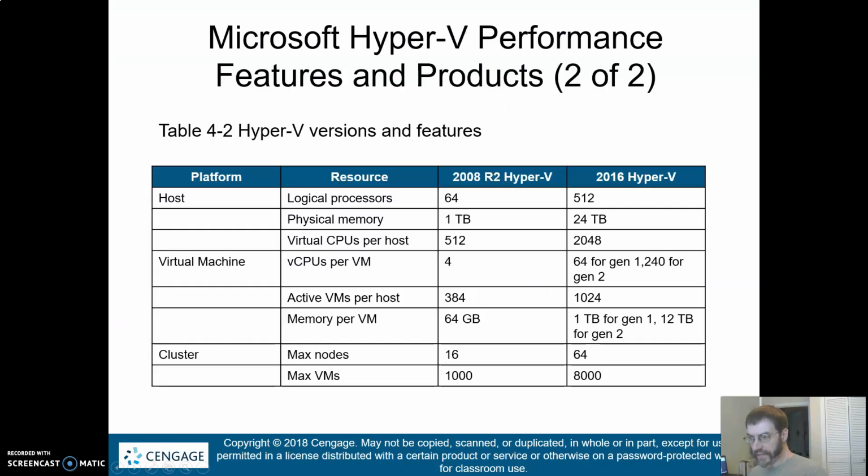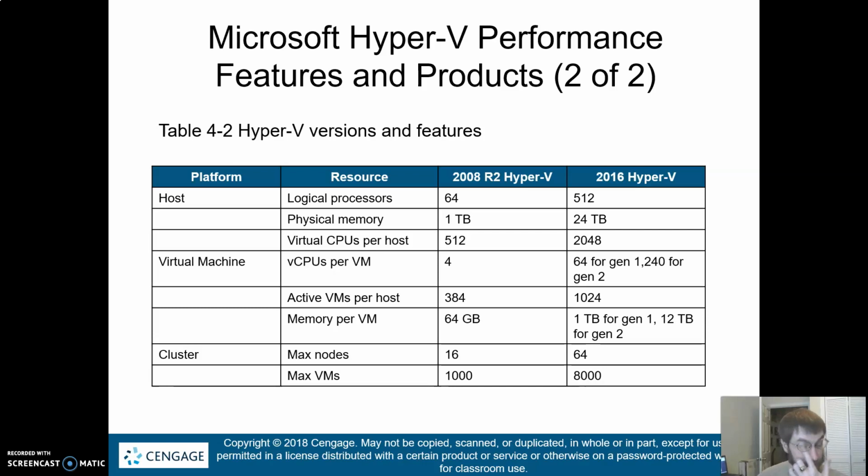So just to look at the available resources and features. As you can see, looking at your Server 2K8 versus your Server 2K16 columns, Hyper-V in Server 2016, notice we've skipped 2012. You don't really need to worry about 2012, except for purposes of comparison.